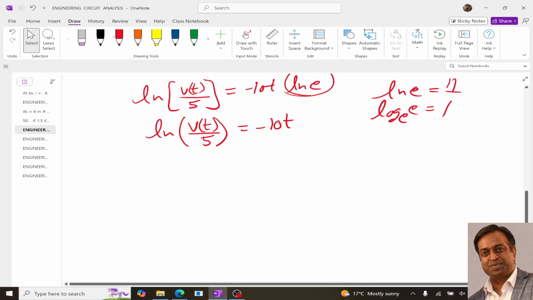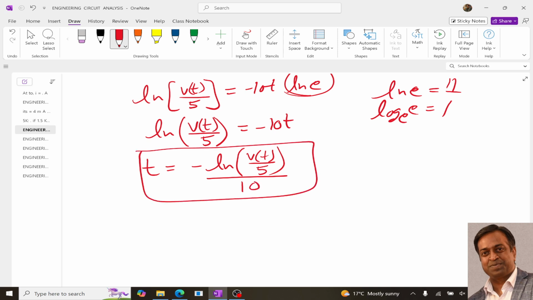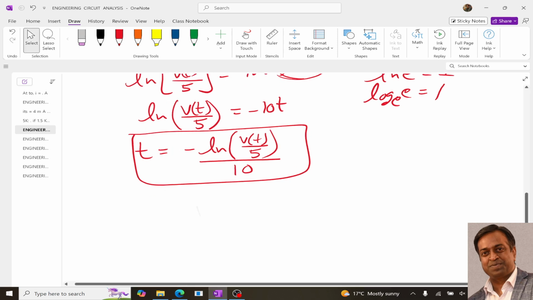So our t is equal to minus ln of v(t) upon 5, all upon 10. This is the formula to calculate the time for different values of v.